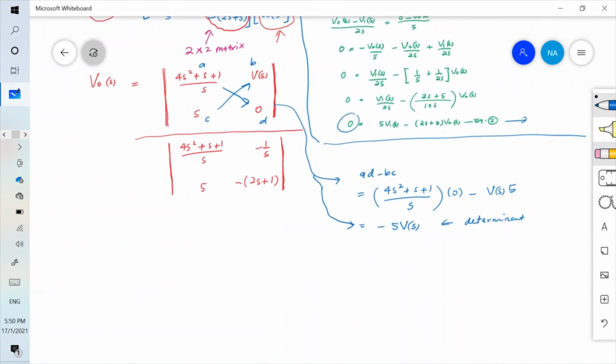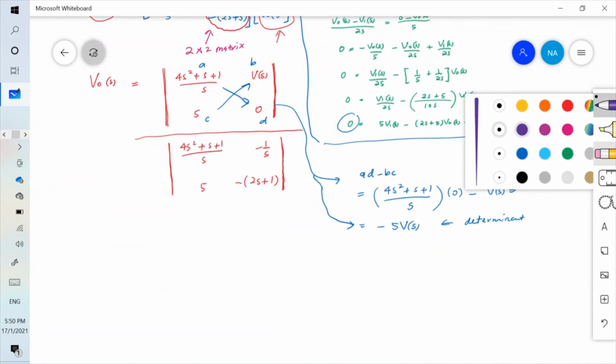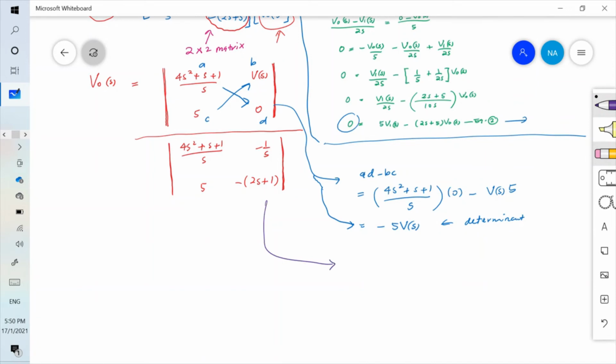Next, we're going to find the determinant for the original matrix. Again, AD minus BC is the way to find the determinant of a 2 by 2 matrix. A is 4s squared plus s plus 1 divided by s, multiplied by negative 2s plus 5.